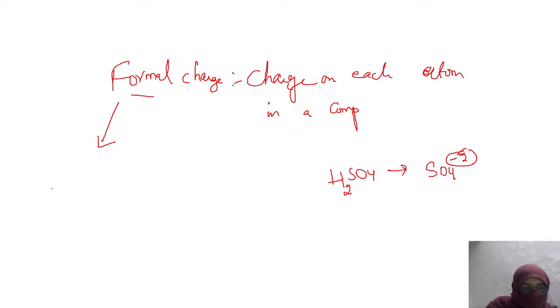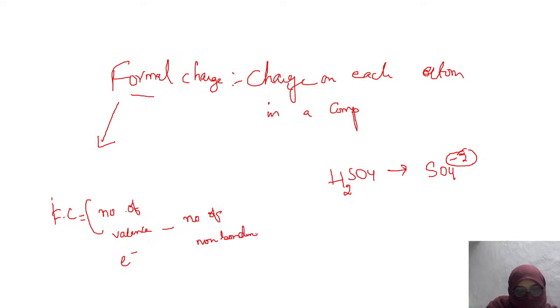So the formal charge is equal to the number of valence electrons, the outermost electrons, minus the number of non-bonding electrons, minus the bonds divided by 2. So the formula is number of valence electrons minus number of non-bonding electrons minus bonds by 2.